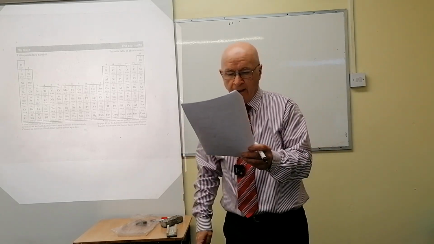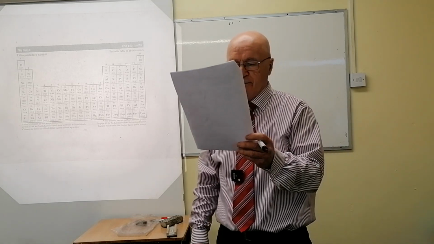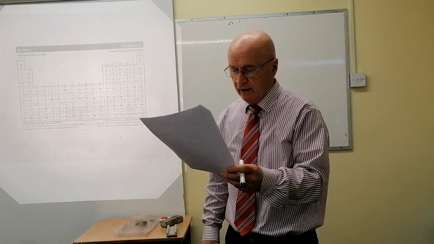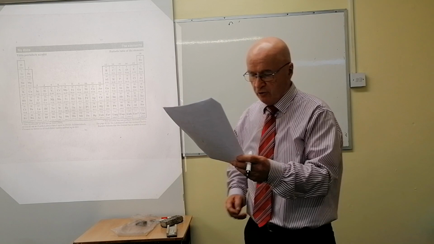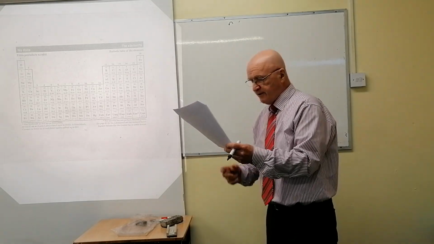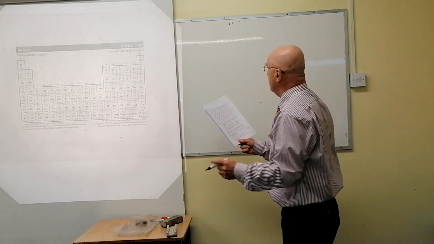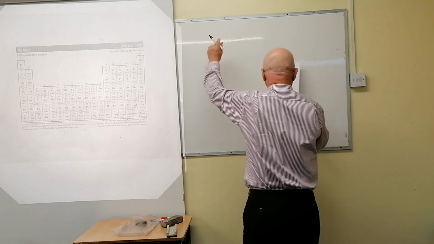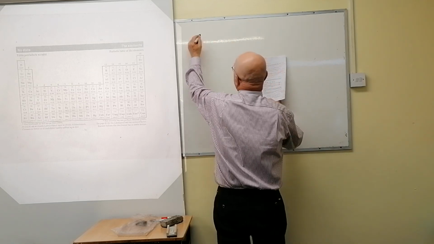A sample of ethanol was prepared by reacting ethanol with sodium dichromate and sulfuric acid according to the following equation. Now the equation is everything, as I keep telling you, and I'm going to write that for you for a start.